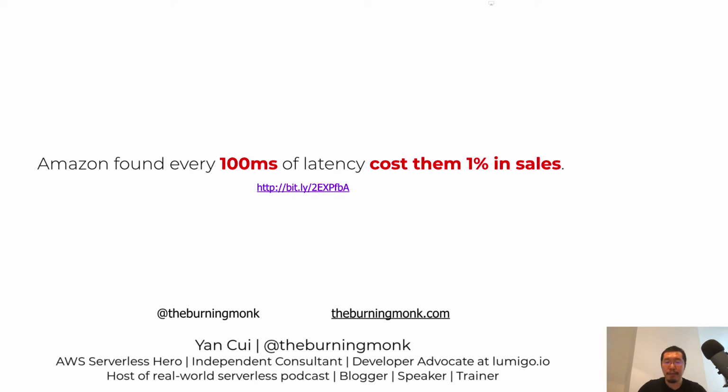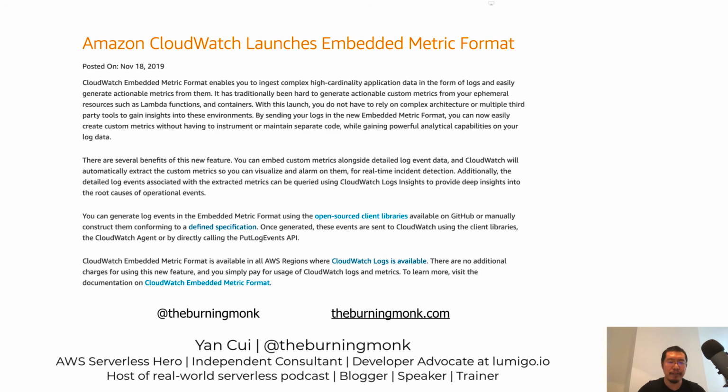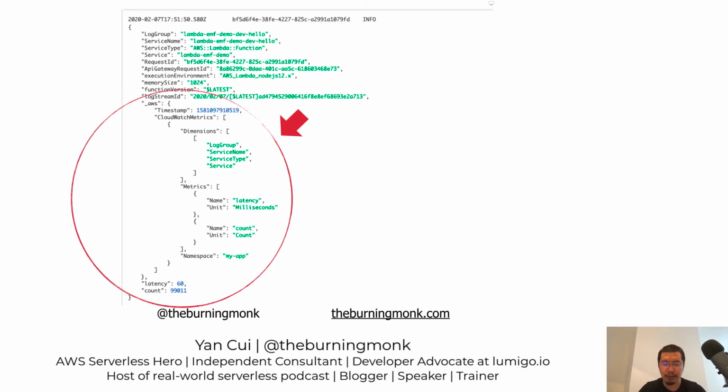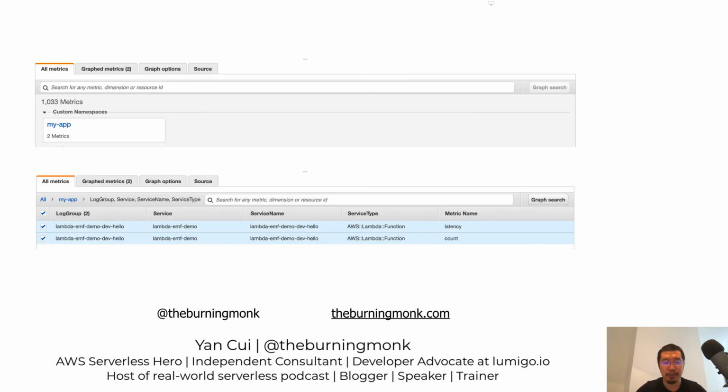So fortunately, before there were all these different workarounds you had to do yourself, but nowadays, since last November in 2019, Amazon launched a new feature called the embedded metric format, which basically means that when you write to standard out from your Lambda function in a particular format like this, you're telling CloudWatch to please interpret this and turn it into custom metrics, so that you don't have to have a separate process for interpreting them yourself and then sending them as custom metrics like we used to do before.